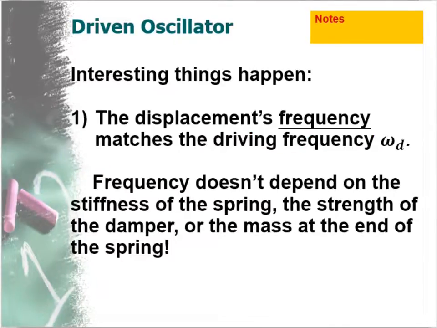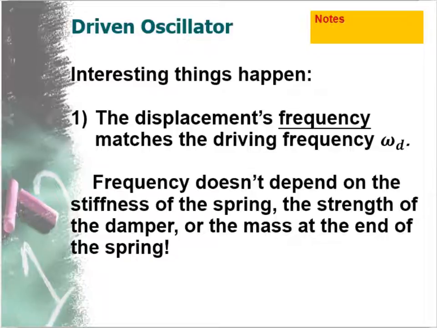Now some interesting things happen when you actually drive an underdamped oscillator with a sinusoidal force. One of the things is that the entire system's displacement matches the driving frequency.